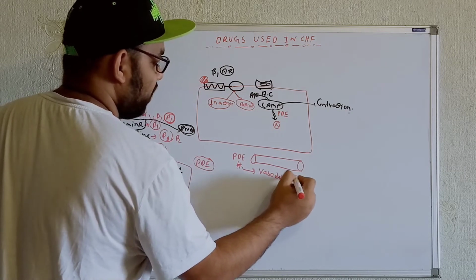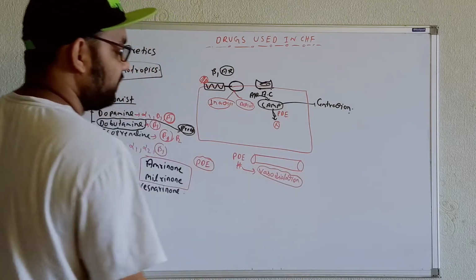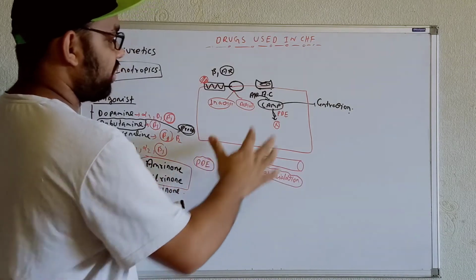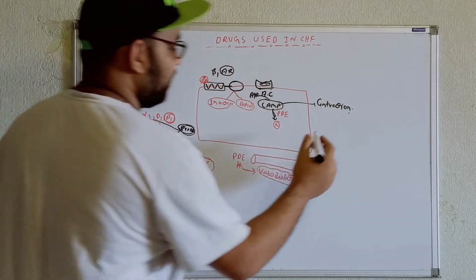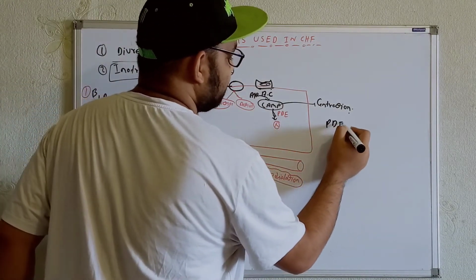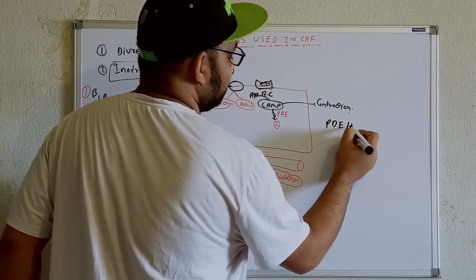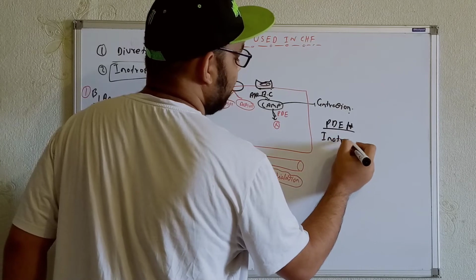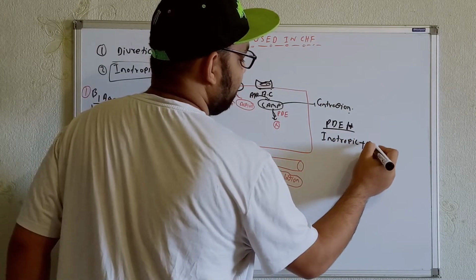Vasodilation. So whenever they are causing vasodilation over here, and they are also used as what? As inotropic drugs. As a result, we can see that the phosphodiesterase inhibitors act as inotropic drugs. So inotropic plus vasodilator.